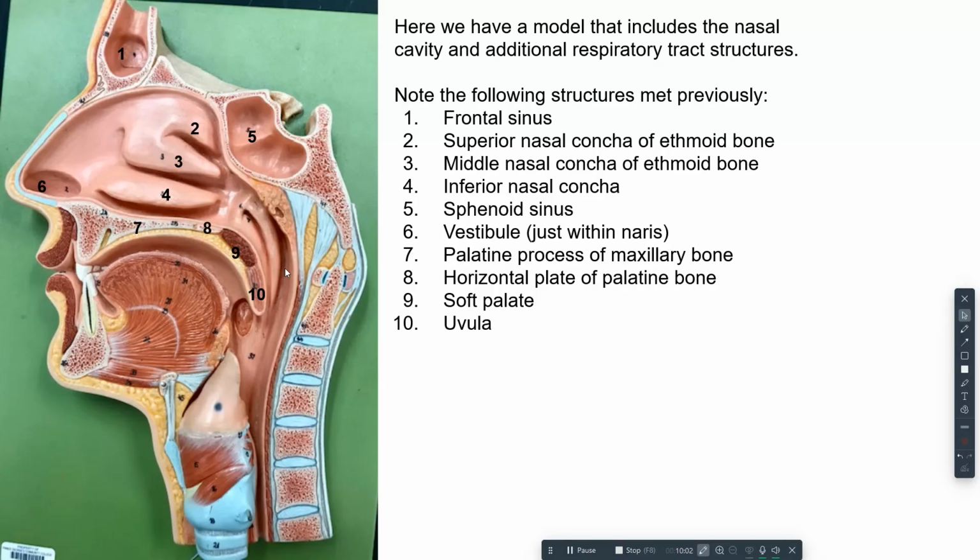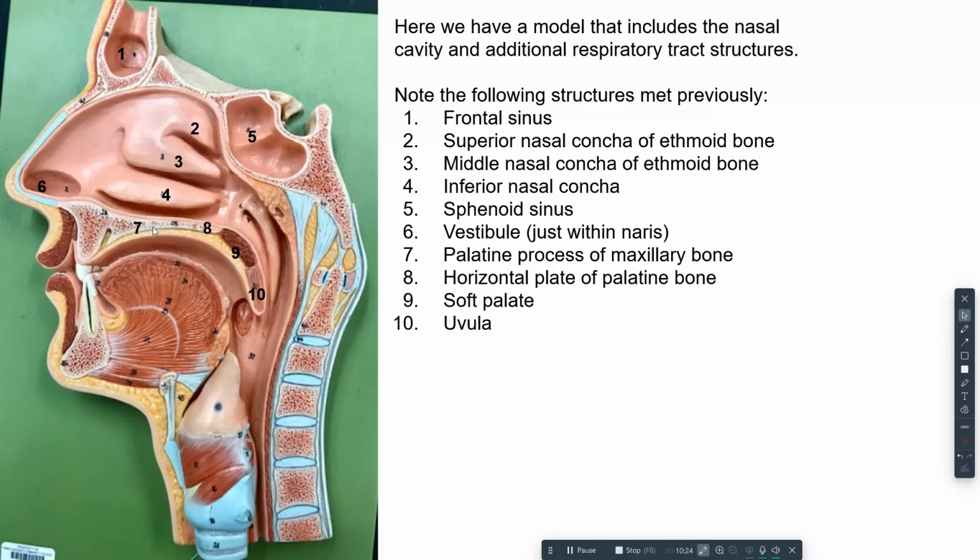Here we have a sagittal head model, and I can see a ton of stuff that I saw already. I can see my frontal sinus, all three of my conchae, and my sphenoid sinus. The nares is right there. This little space where there's hair and boogers sometimes is called the vestibule.